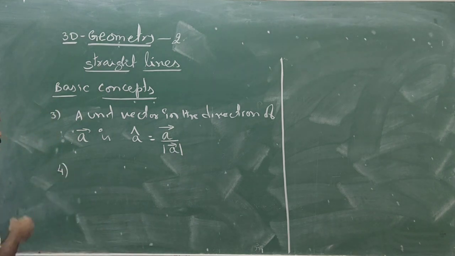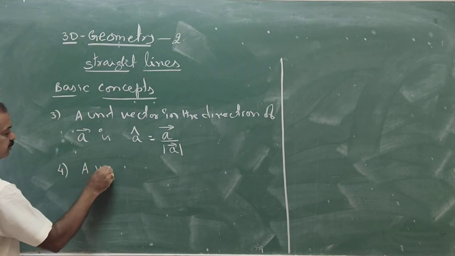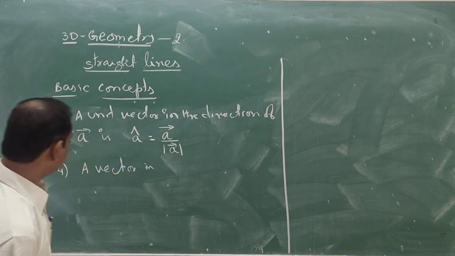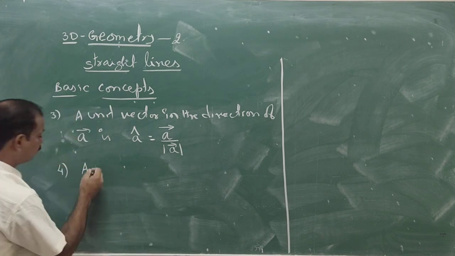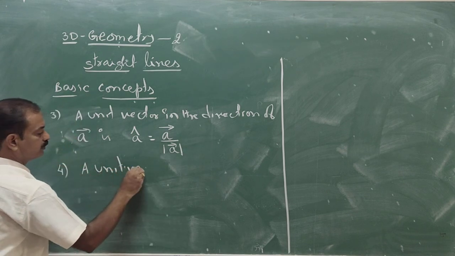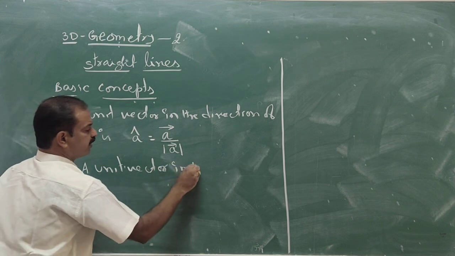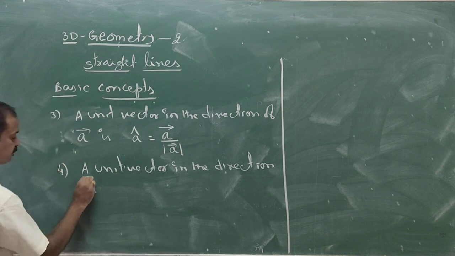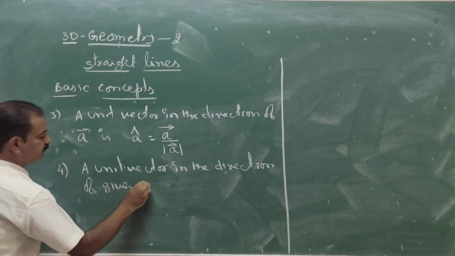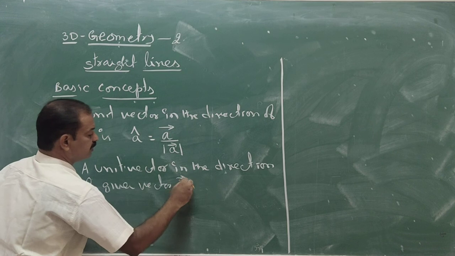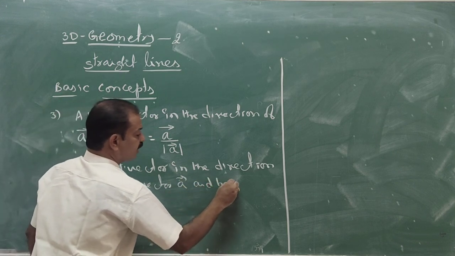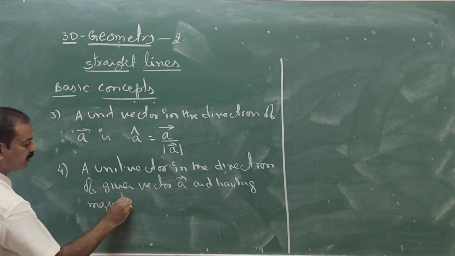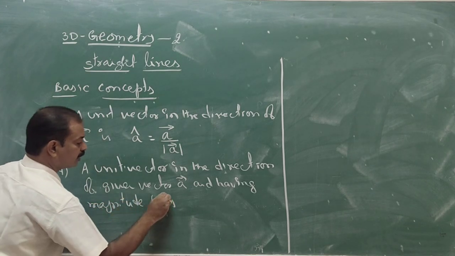Next, fourth point is a unit vector in the direction of given vector A and having magnitude lambda.